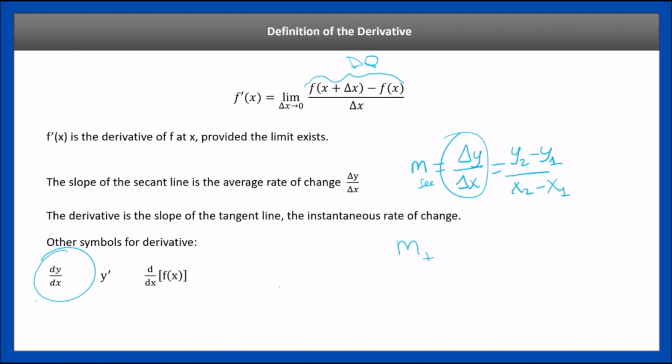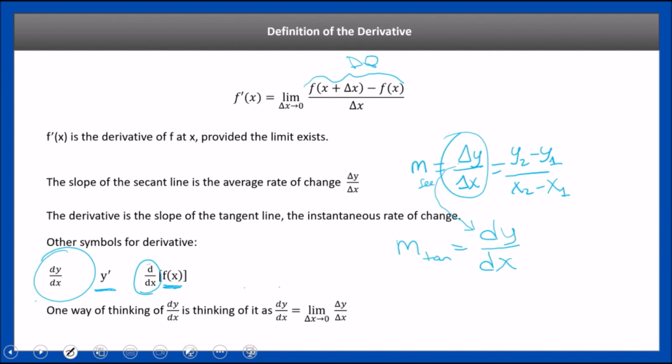So we say that the slope of the tangent line is not delta y over delta x, but dy dx, so we can distinguish between those two things: the instantaneous, dy dx, versus the average, delta y over delta x. There are some other symbols too. We have y prime, and sometimes we have this, which denotes that we are taking the derivative of f of x. That's an actual derivative operator. There are a bunch of symbols for the derivative, but those are the main ones.